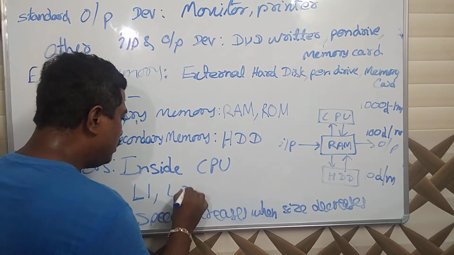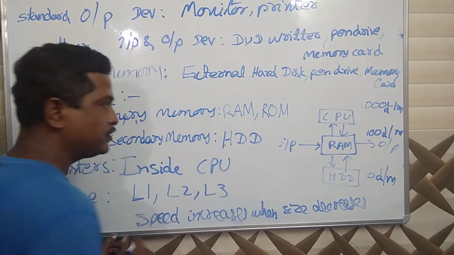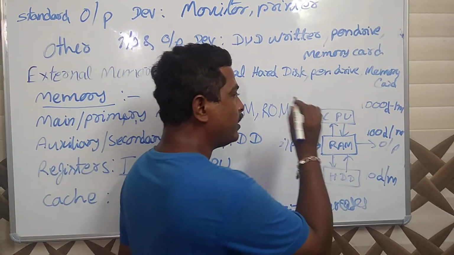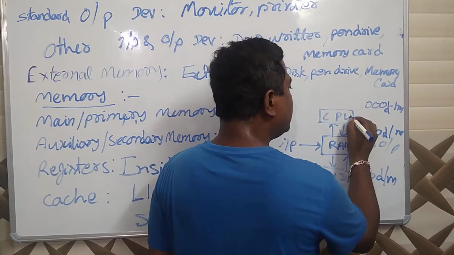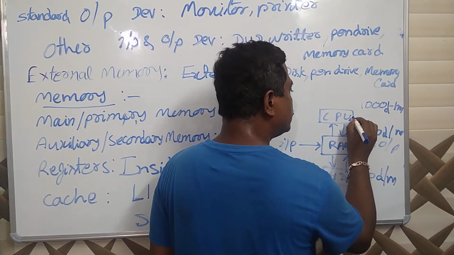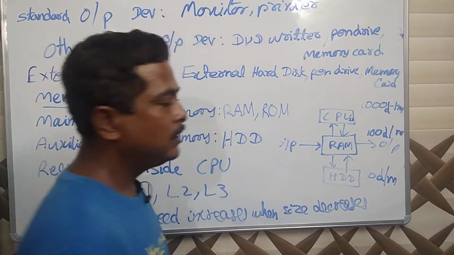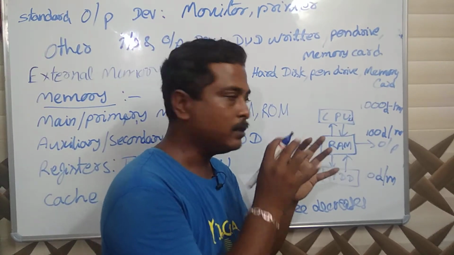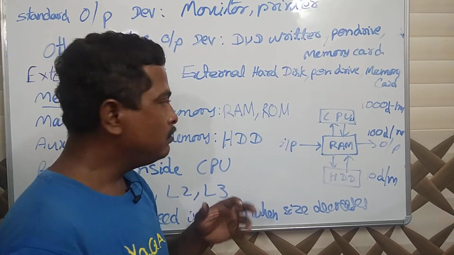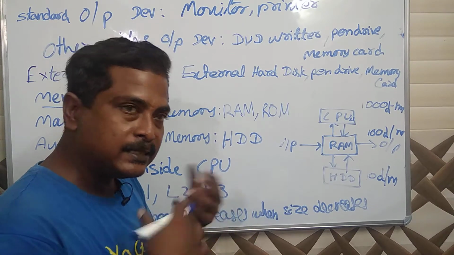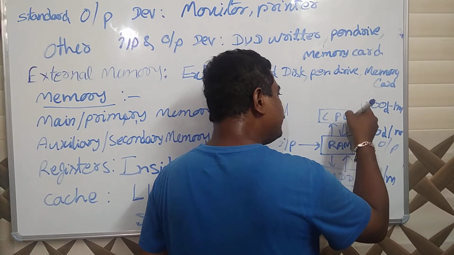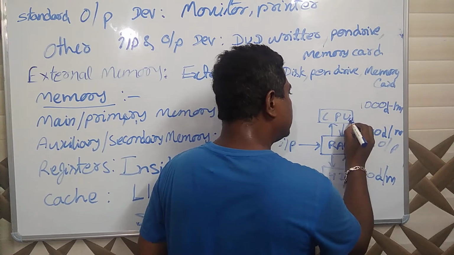Now L1 memory is inbuilt inside the CPU. Remember it. Now L2 is quite larger than L1. It may be inbuilt in the CPU, it may be outside the CPU.